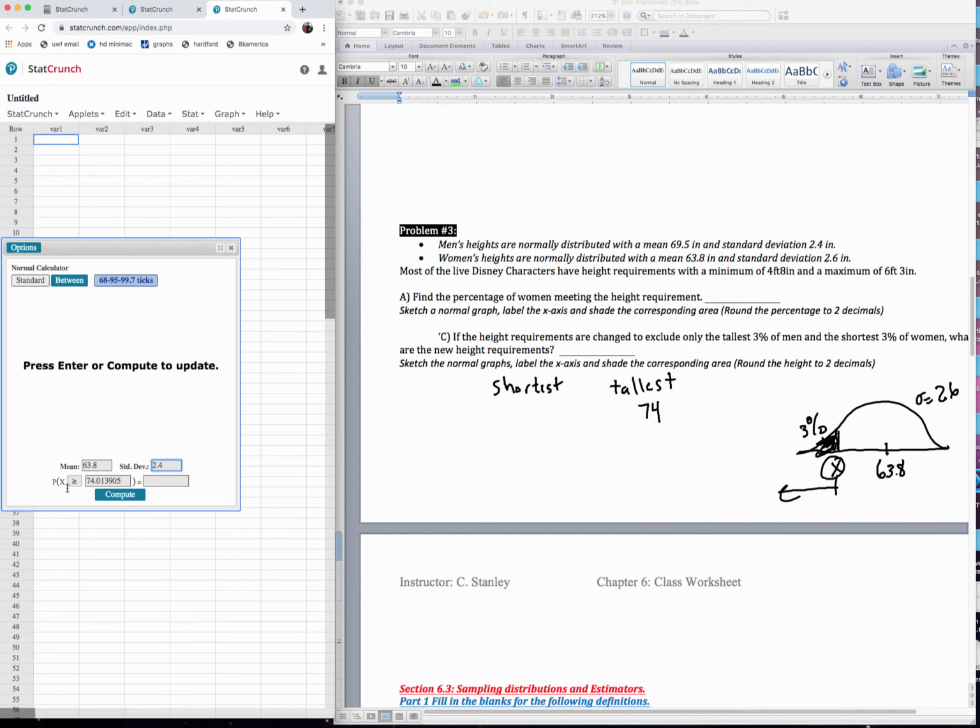And then this needs to be a less than, and this needs to be 0.03. You can see this picture is going to look like my picture, just prettier. So the shortest is now going to be 59.3 inches. That's the shortest, that's the tallest. Okay, so that's it for the second section. Basically you have to get good at working with your normal curves.